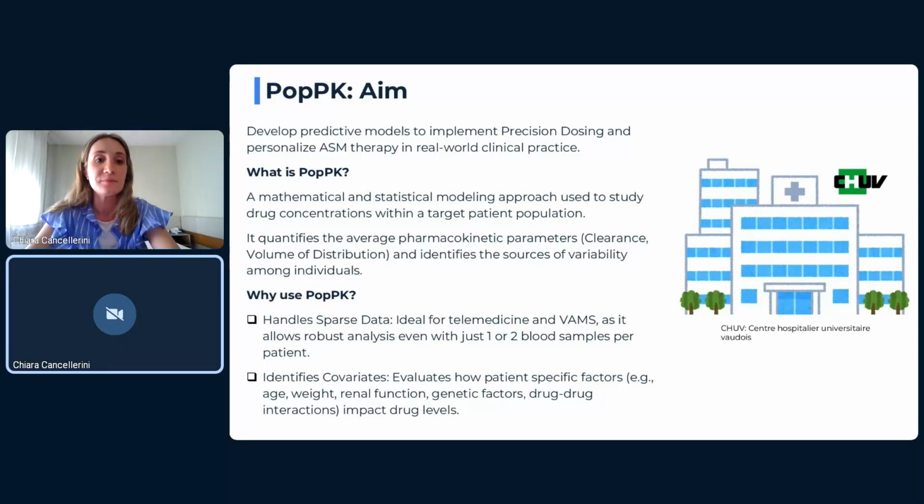And as I said, the final aim was to use this model for precision dosing, to allow clinicians to use the VAMS concentration, building on the model from TDM data.